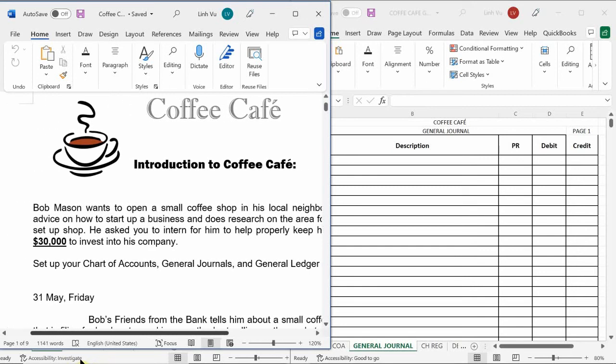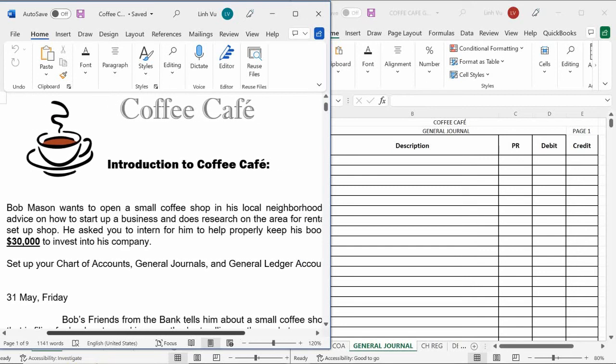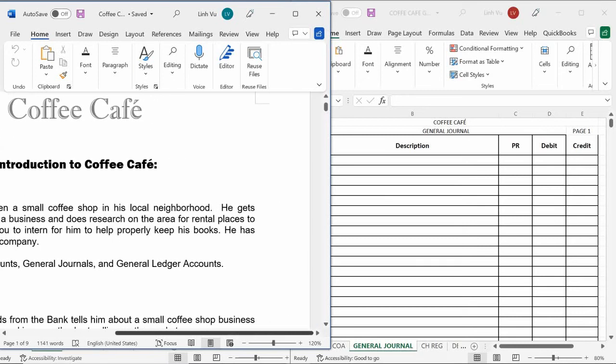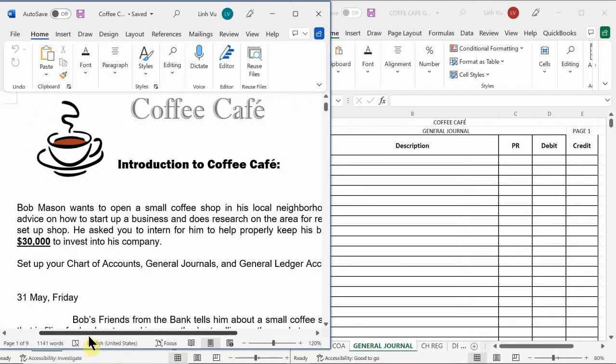So again, let's set up our chart of accounts, general journals and general ledger accounts, which we already did. These are all pre-made. I've done this scenario multiple times in classes, so I provide you everything, because in this case I'm the accountant and you're the bookkeeper, meaning I make up the rules, I tell you what to do, and all you have to do is simply record.